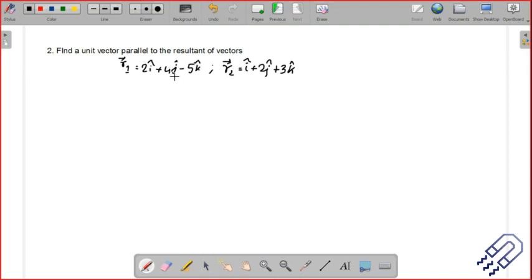So find the resultant first, and then find a unit vector parallel to it. This is a problem which you might have done a number of times if you had maths in your undergraduation. Plus 6j cap minus 2k cap, by 7. So this should be your unit vector.